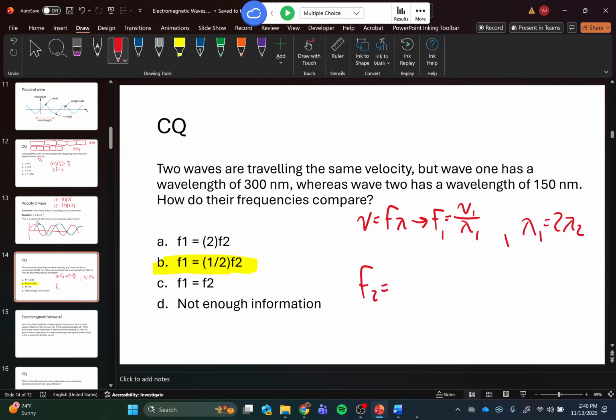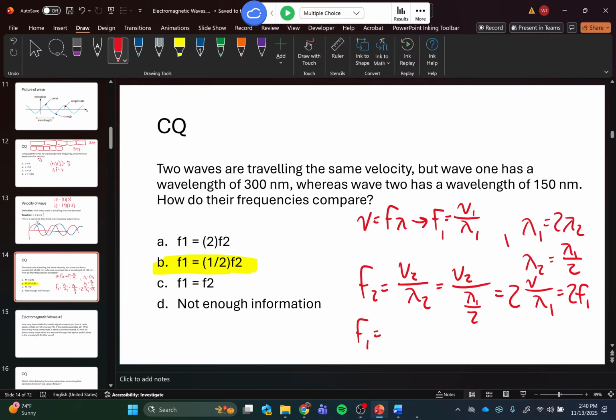We can rearrange this equation to do lambda 2 equals lambda 1 over 2. You can then plug that in. And you get that frequency 2 equals 2 times frequency 1. And you might look at this and be like, but that's not what the answer says. This is where you've got to be careful. Frequency 2 is twice of frequency 1, so that means frequency 1 is 1/2 of frequency 2. Make sure you have it in the right order.